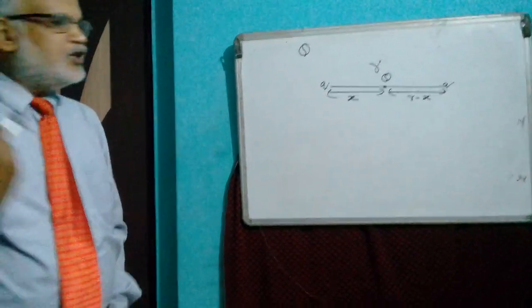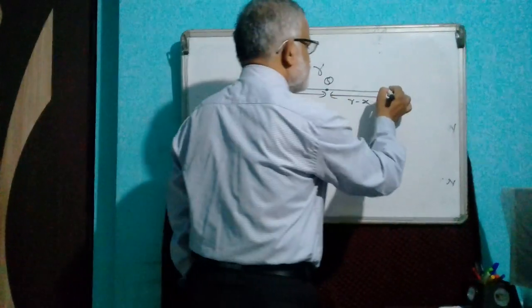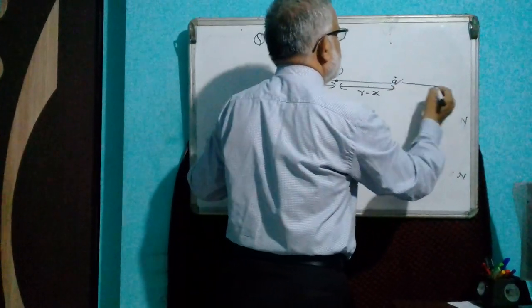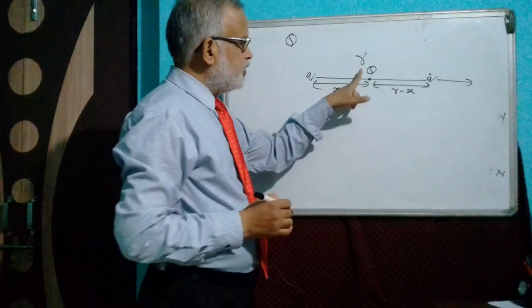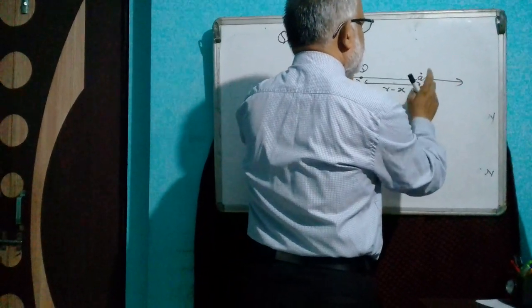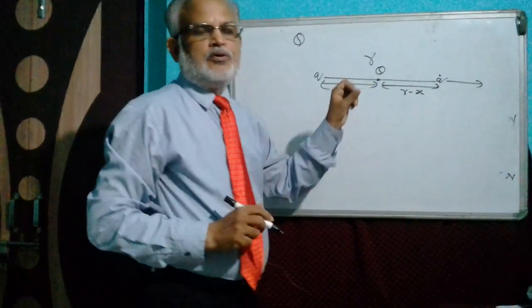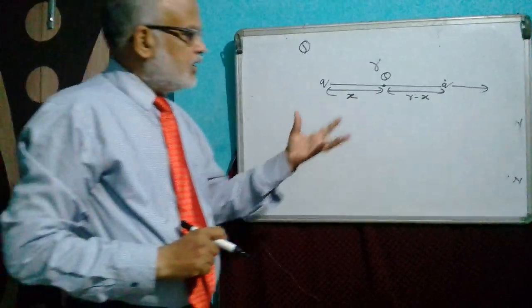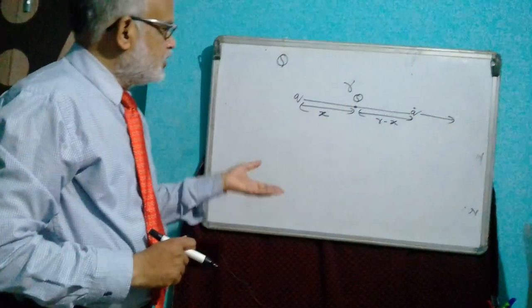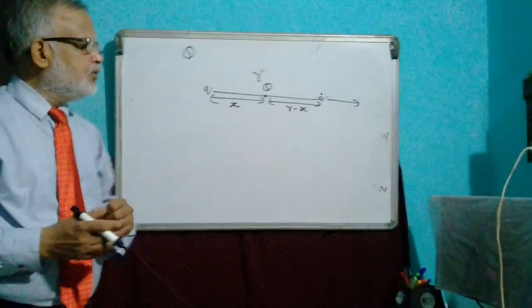First we find the nature. When we consider this charge, this Q repels in this direction. If q is positive, it will also repel. Therefore, the net force will not be zero. For equilibrium, the net force on the charged particle must be zero, since all the charges are in equilibrium.